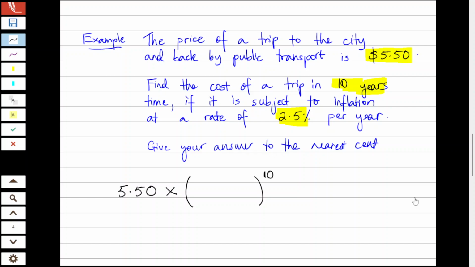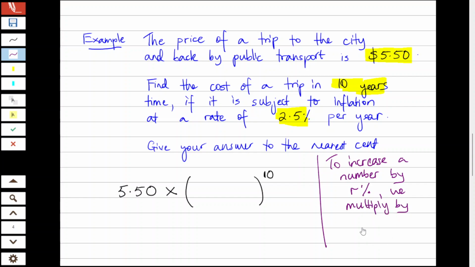All I need to do now is come up with the number inside the brackets. I need to find a way to increase a number by 2.5%. But we already know how to do that. We know that to increase a number, so this is just background, you don't have to write this. To increase a number by r%, we multiply by the factor 1 plus r, all divided by 100.